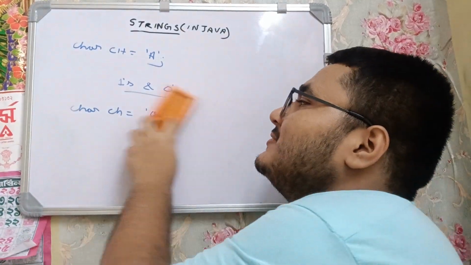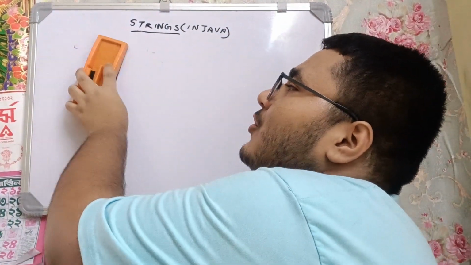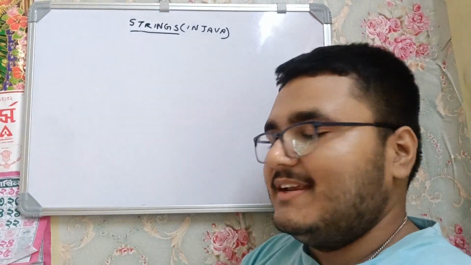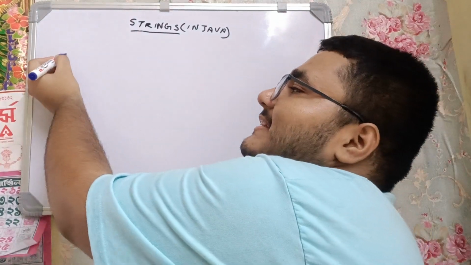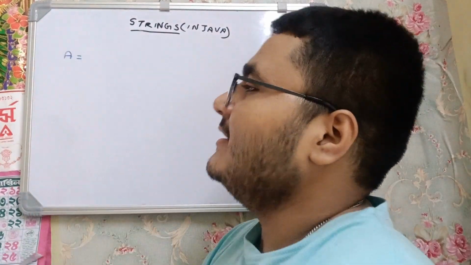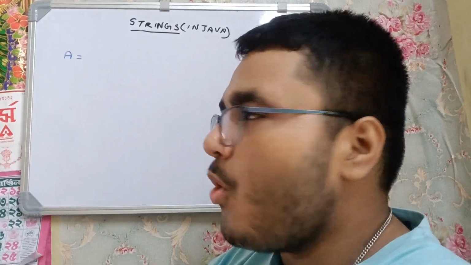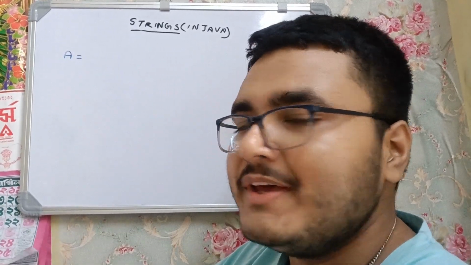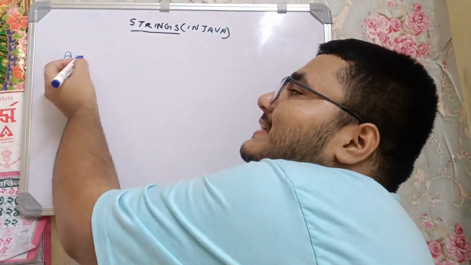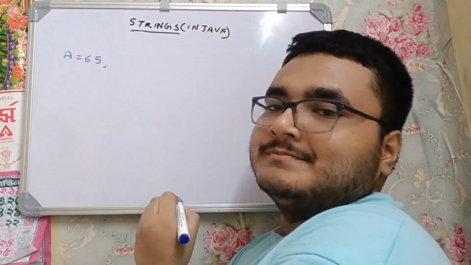Ready? So we have a concept called ASCII values, ASCII characters. This standard assigns some values to all the characters that you have on your keyboard. Capital A starts from 65.